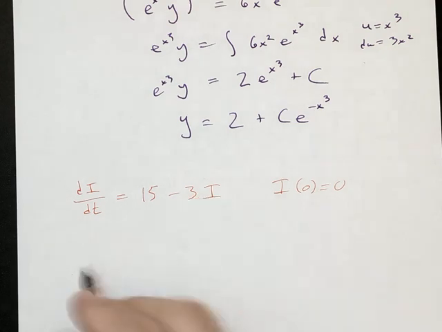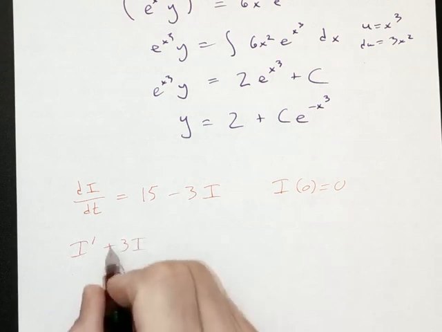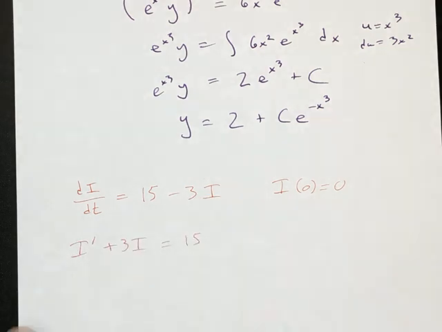If I move this 3I over, what's my integrating factor? My p of x is 3 and my q of x is 15.